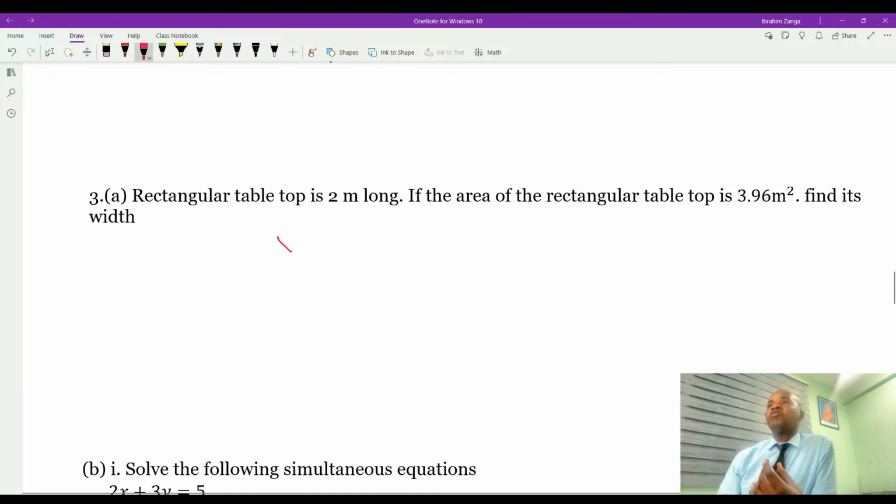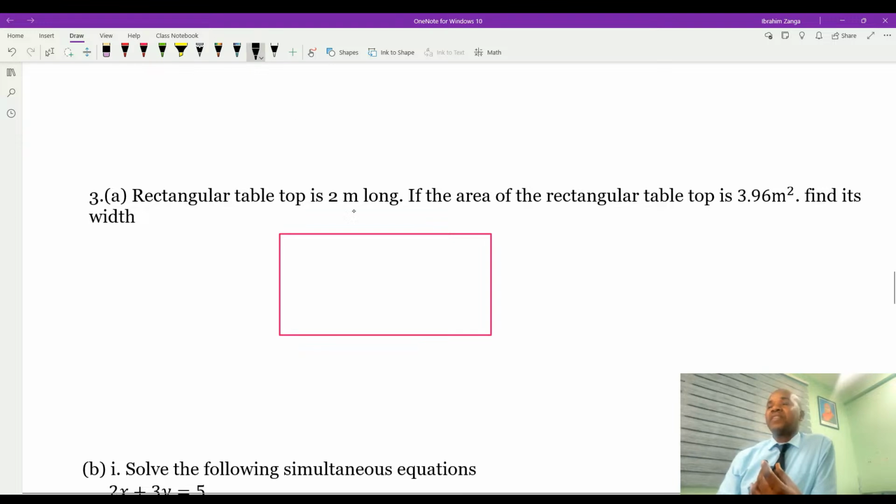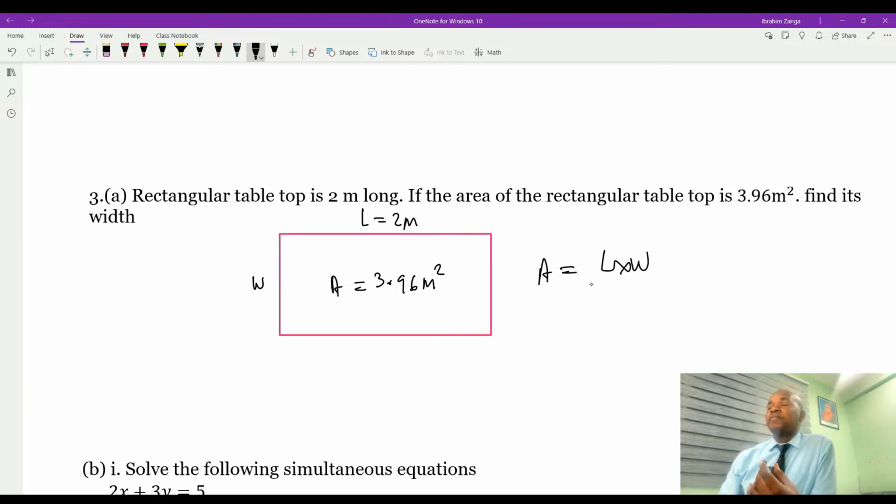So this is a rectangular top, of course, and we are given length is 2 meters. So length here equals to 2 meters. We were given also area equals to 3.960 meters square. We are looking for the width. Kindly remember that area is length times width.